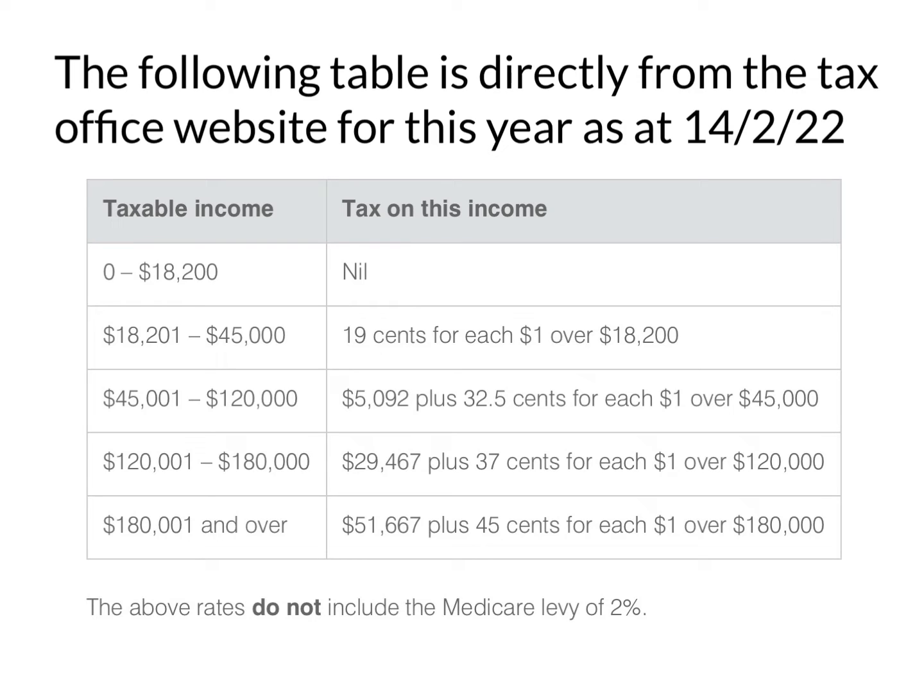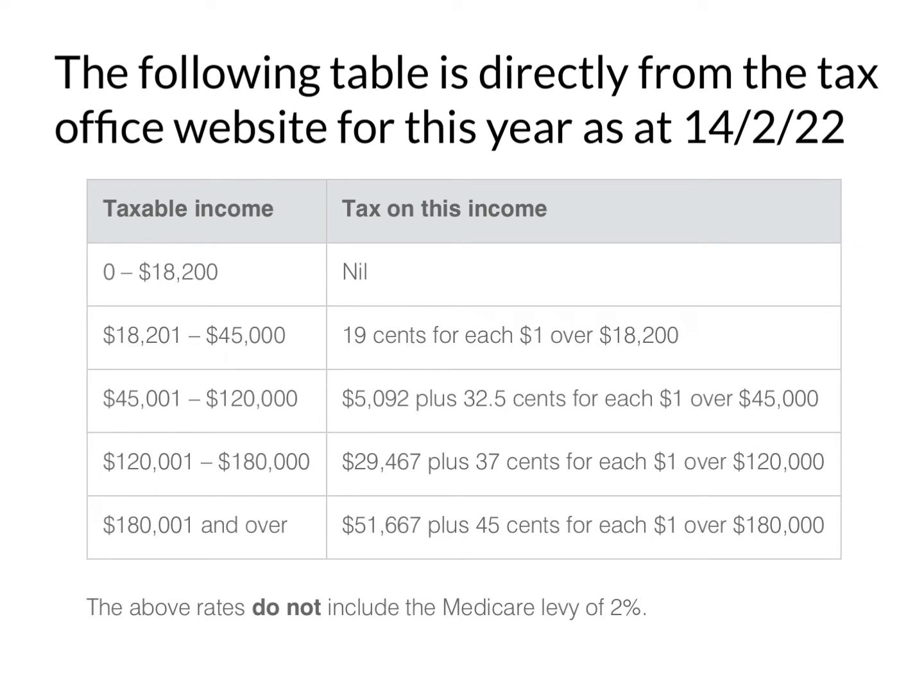The following is a tax table that's taken directly from the official tax office website for this year, as of the 14th of the 2nd, 2022. Basically, anyone who earns in a year under $18,200, which was that $350 amount, pays no tax at all.